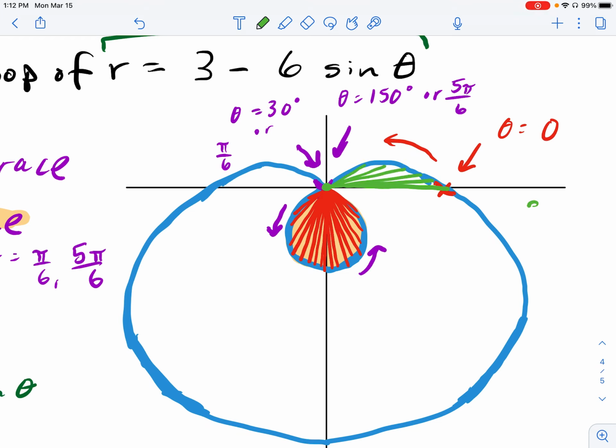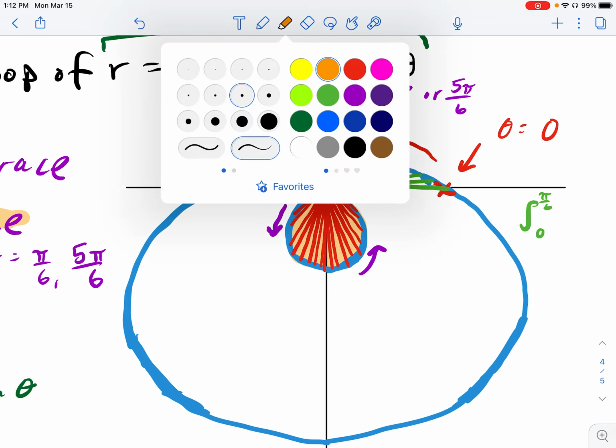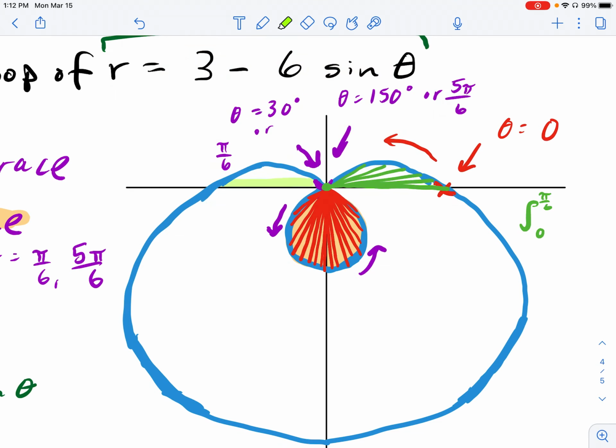In this case, the bounds of integration would be from 0 to pi over 6. That would give me this shaded region here. And if you wanted to, you could identify that this region here is symmetric over the y-axis, so it's going to be congruent to this region that I've just highlighted. So once you find the area of that region to the right, you could just double that to find the region's area to the left.